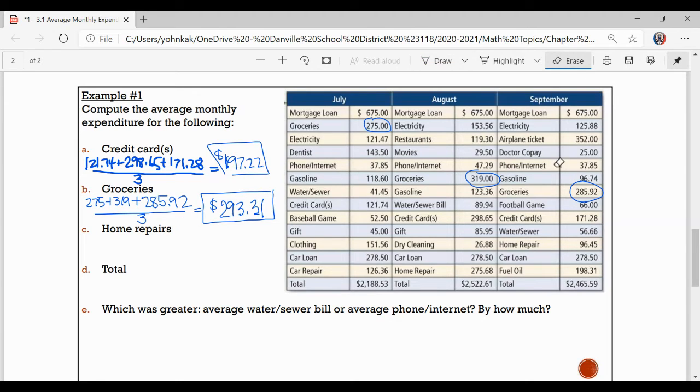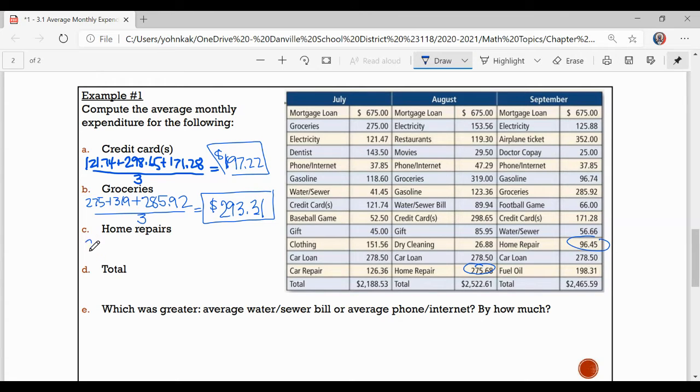Now let's look at home repairs. Let's erase these three circles. Home repairs: nothing in July. Then home repairs in August and home repairs in September.